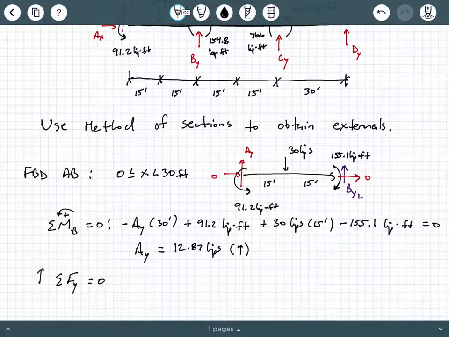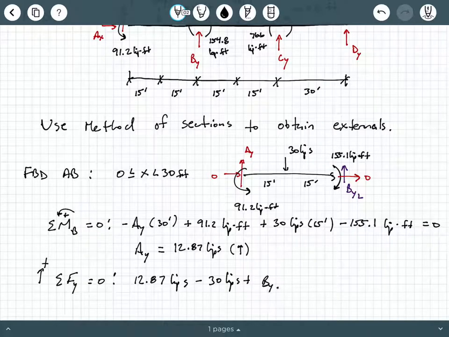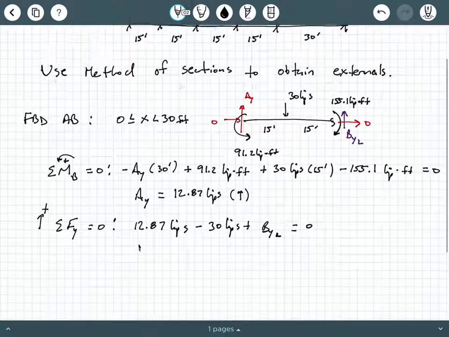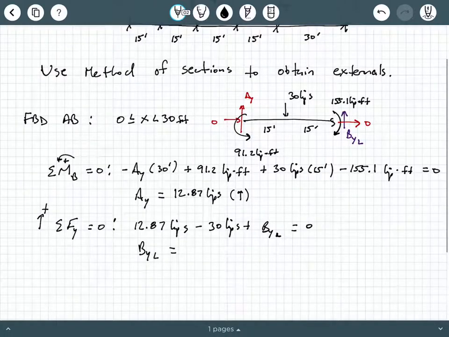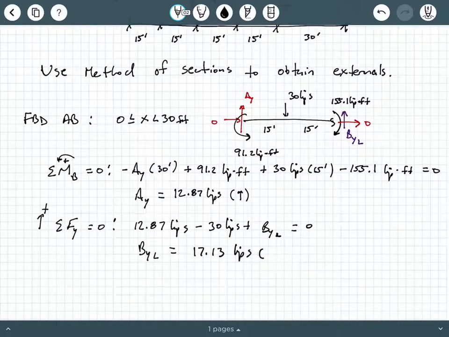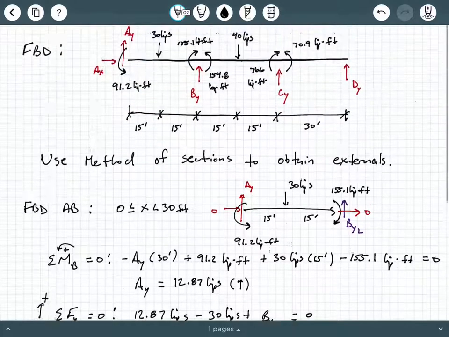reacting up, and then we're going to sum forces in the y direction to equal 0, and we'll have 12.87 kips minus 30 kips plus BY left equals 0, and we should get a BY left as 17.13 kips, also reacting up.